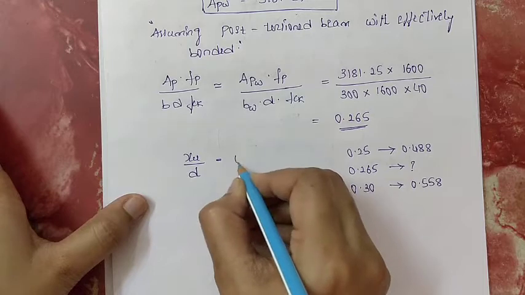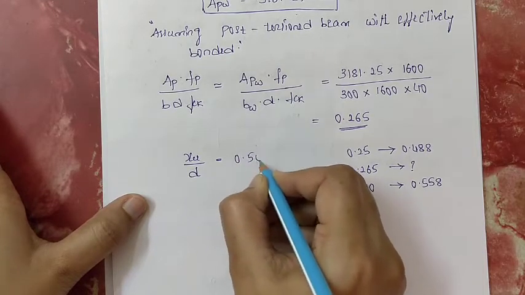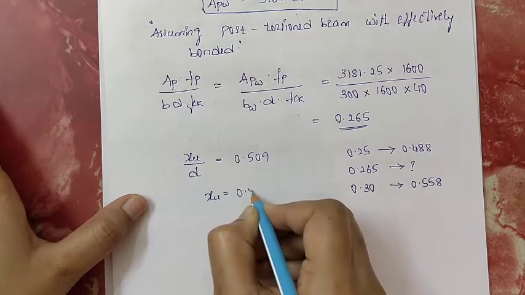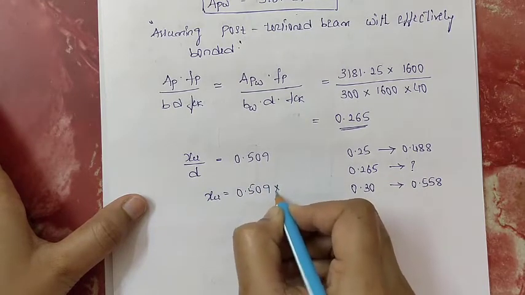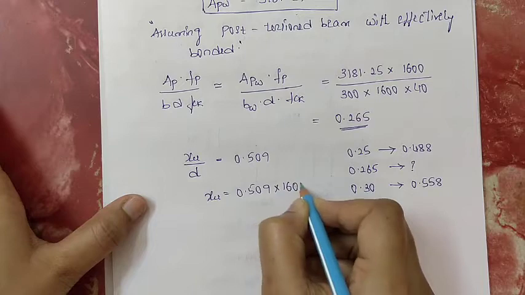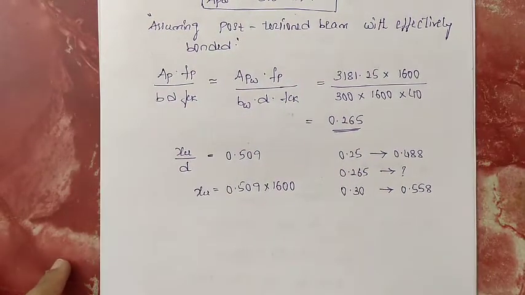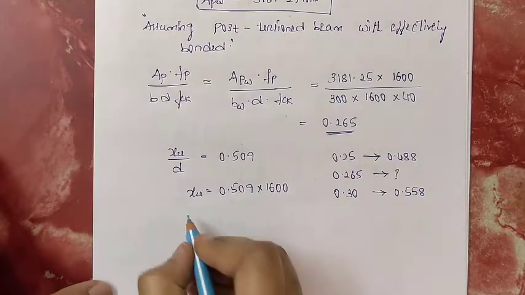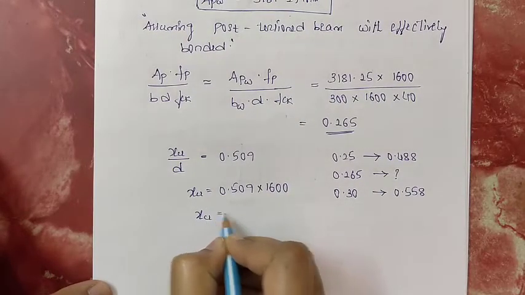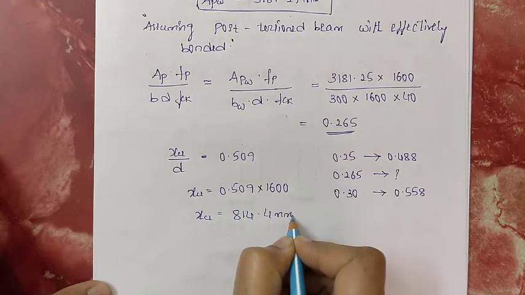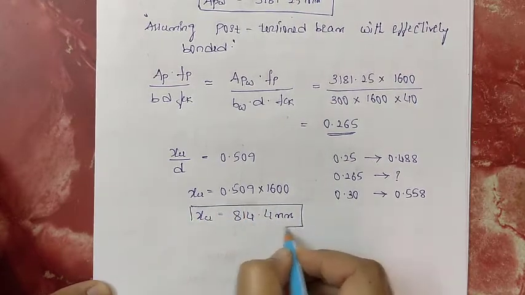Upon interpolation you will get 0.509, and you calculate XU value, that is 0.509 into D value, it is 1600. Then you will get XU value as 814.4 mm.